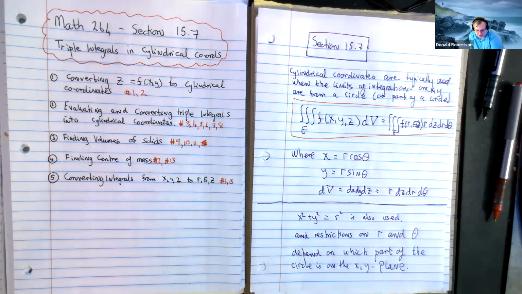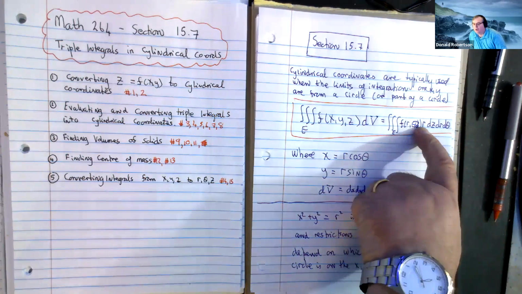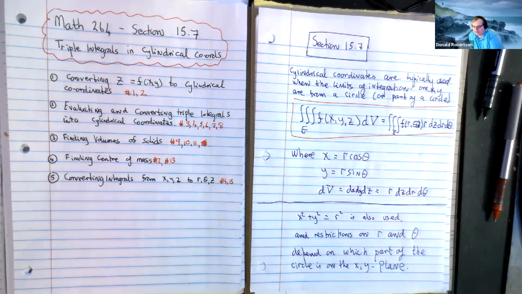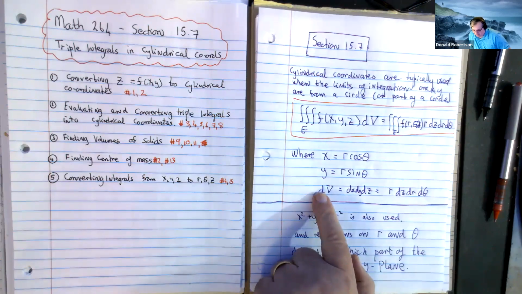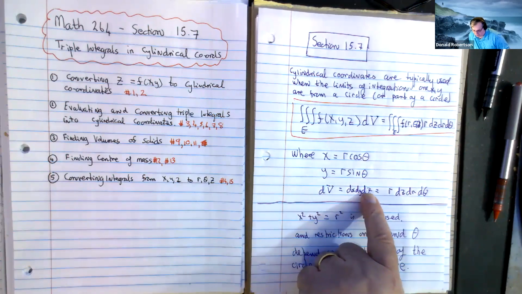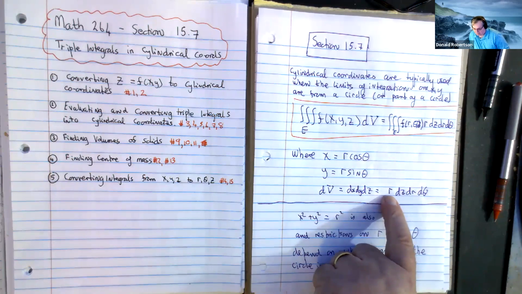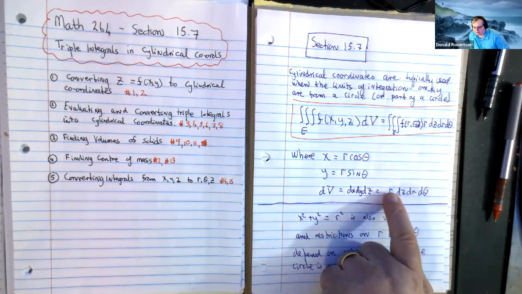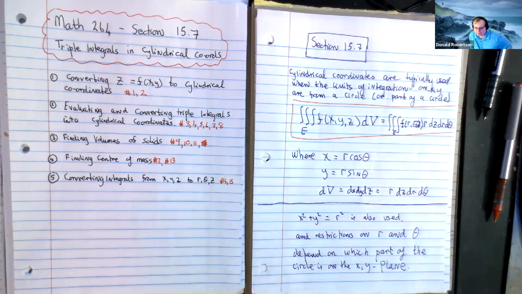When we do change of variables in a later section, I can actually prove to you why that r is there. But right now, you just have to trust it. And it's one of those things that is dead easy to forget. dV, which is dx dy dz, is replaced by r, and you can combine them in any order you like. This one I've just decided r dz dr d theta.